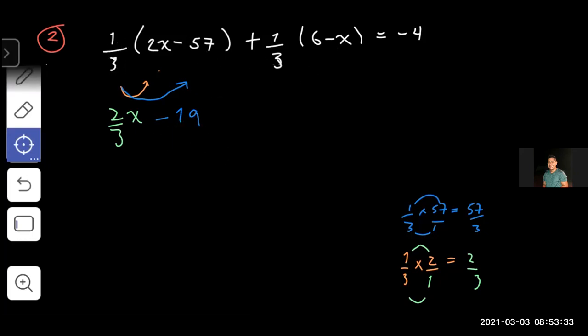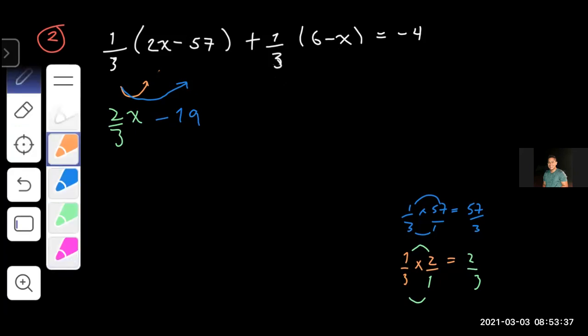Let's move on. Let's distribute this using that. This times this: 1/3 times 6. If you don't know how to do it again, guys, 1 times 6 is 6 over 1 times 3. 6 divided by 3 is 2. Excellent. Thank you very much. 2.